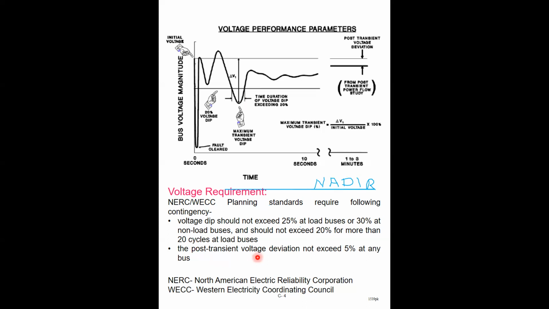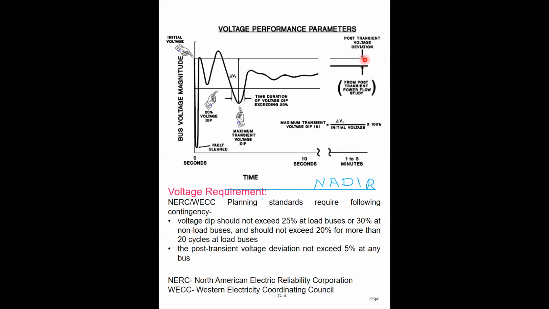And then the post-transient voltage deviation should not exceed 5%. That means towards the steady state, the voltage deviation should not be more than 5% at any of the buses. So we have to apply some way of control action whenever you have a contingency, right? The voltage should not go beyond 25% at the load buses or 30% at the non-load buses, and again for this much time duration.